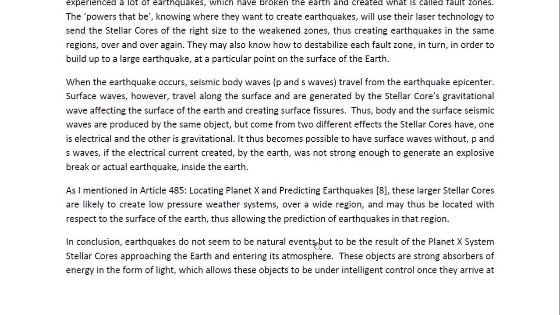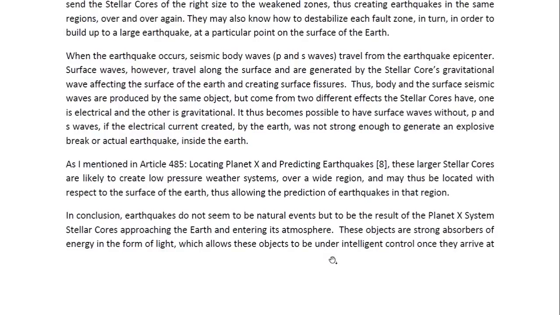As I mentioned in Article 485 entitled Locating Planet X and Predicting Earthquakes, these larger stellar cores are likely to create low-pressure weather systems over a wide region and may thus be located with respect to the surface of the Earth, thus allowing the prediction of earthquakes in that region.